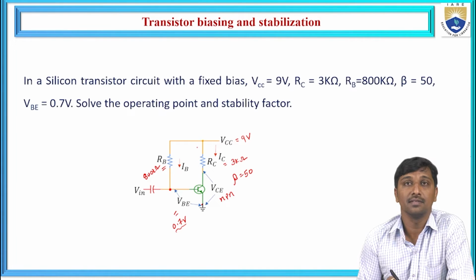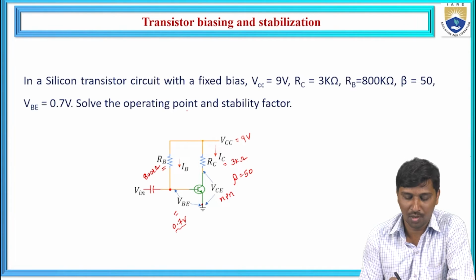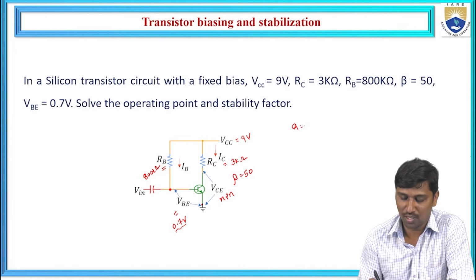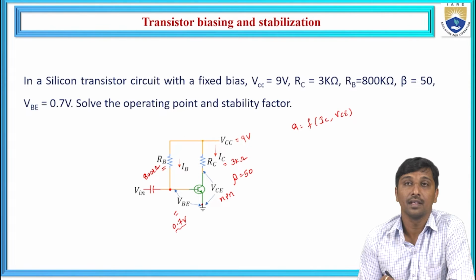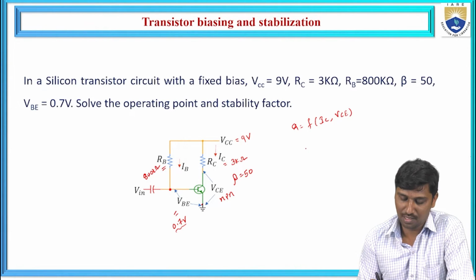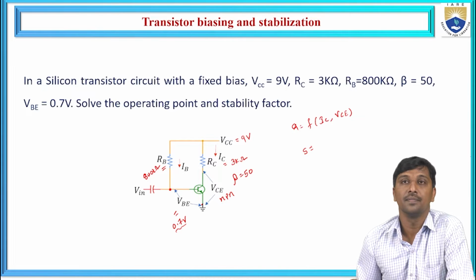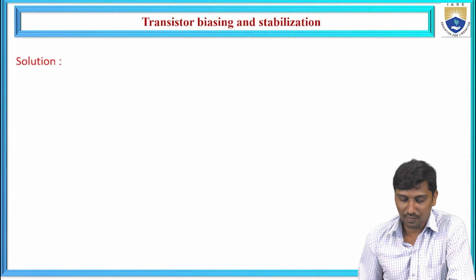We need to find the operating point, the Q point, which is a function of the output current, that is the collector current, and the output voltage VCE. We also need to find the stability factor S for this fixed bias.